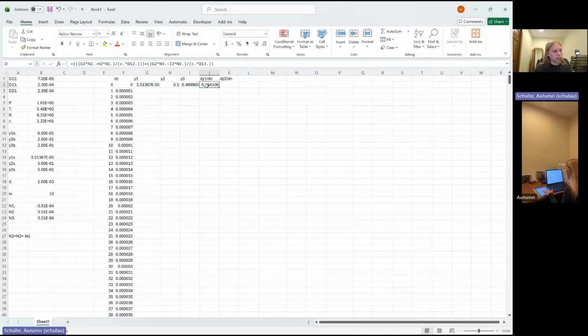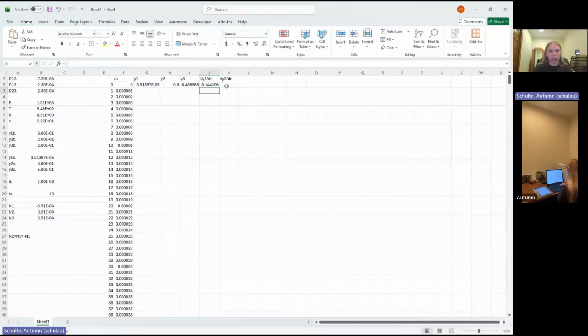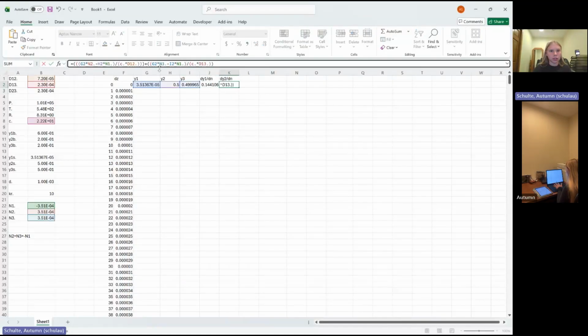The same idea is going to apply for the acetaldehyde. So I'm just going to quickly copy this over. We're just going to plug in new values. So we copy this over and paste this.